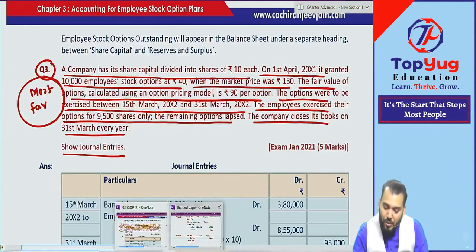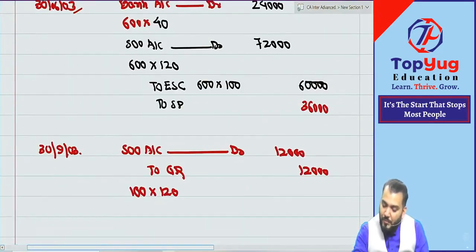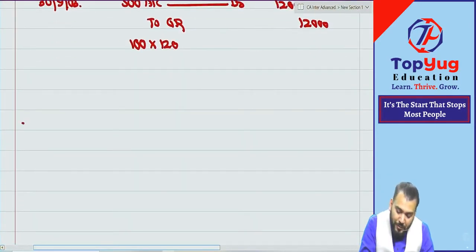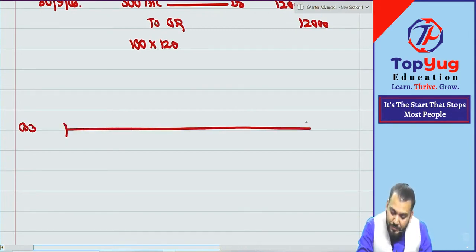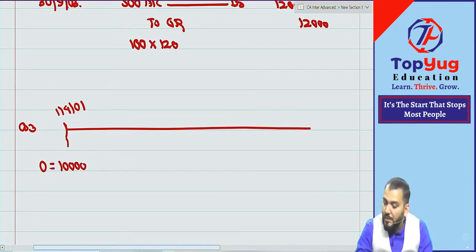Let us draw the timeline first. Question number 3 we are doing. What is the grant day? 1st April 2001. How many options granted? Correct.